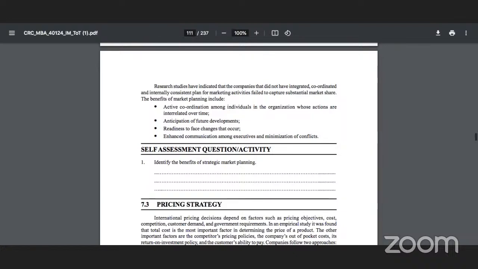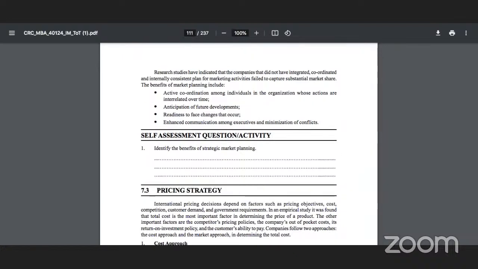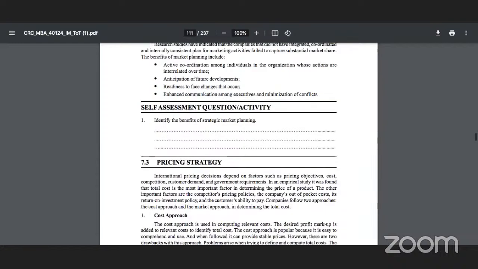Now, research has indicated that companies that did not have an integrated, coordinated, and internally consistent plan for marketing activities fail to capture substantial market share. So, what are the advantages or benefits of market planning? They include active coordination among individuals in the organization whose actions are interrelated over time.